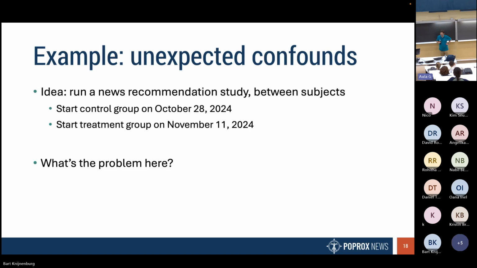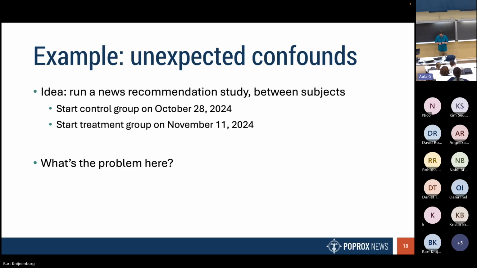Okay, so history is where something else happens that affects the dependent variable over the course of time. All right, and so in this case, the election is an example of this outside factor that's affecting your dependent variable, and it's confounded with time.